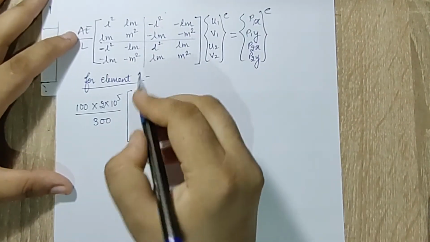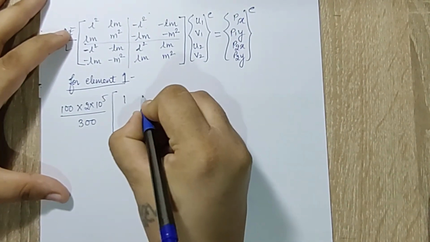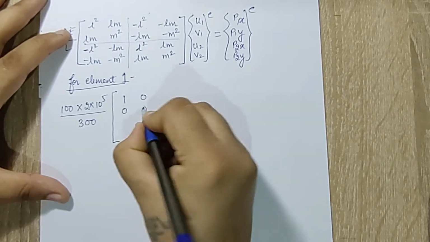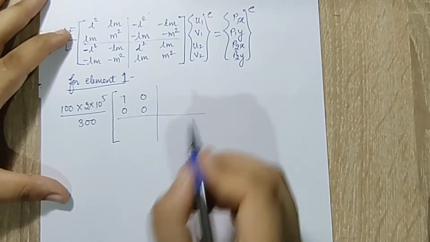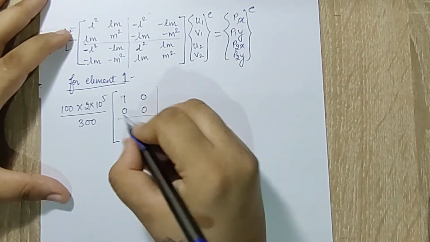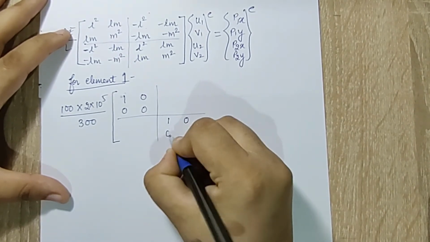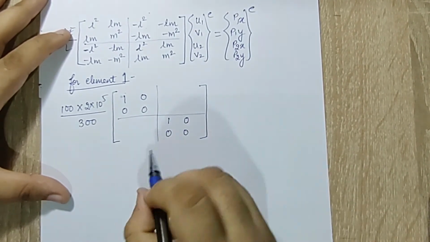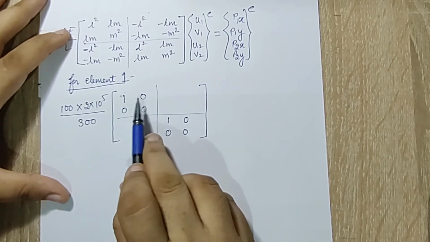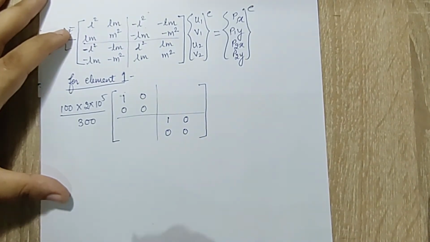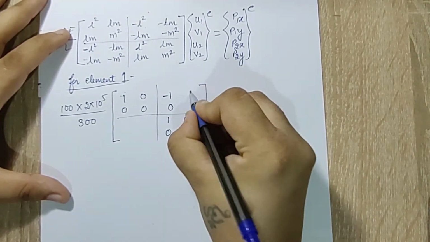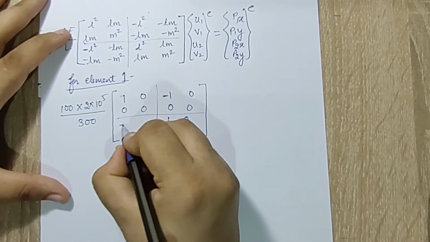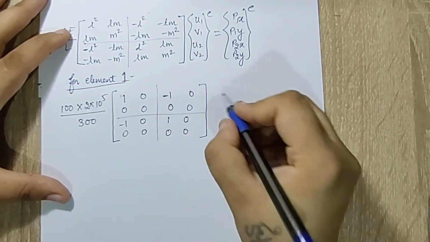So when I write here, I get L square, LM, M square. I can very lightly make a cross sign over here. Whatever I write here, I'll copy in these positions, and whatever values I write here, I'm going to just take a negative of this. So minus 1, 0, 0, 0, whatever is written here has to be copied here.